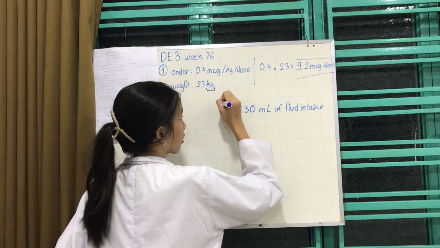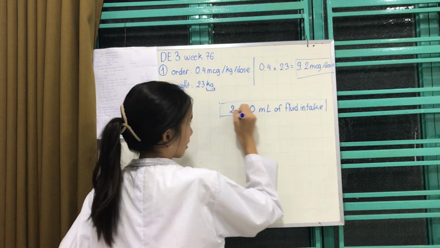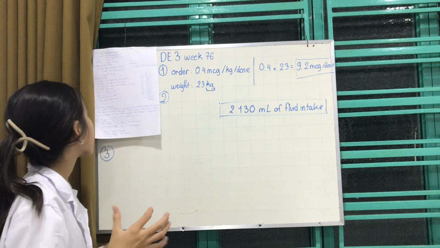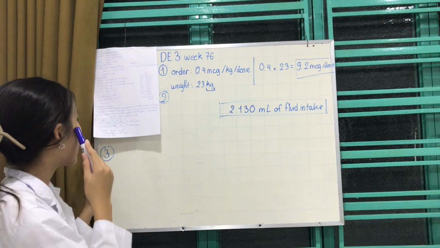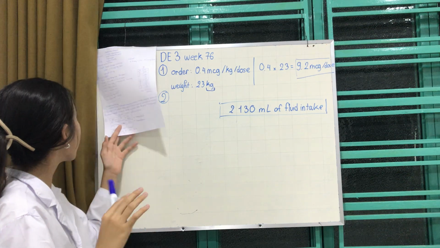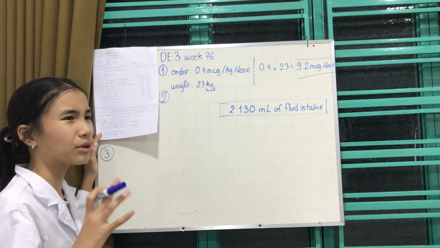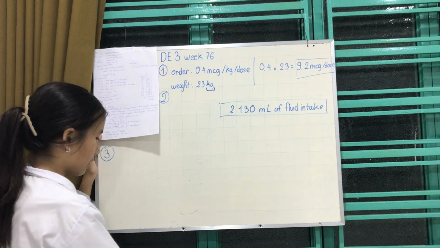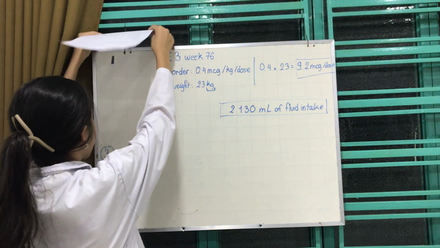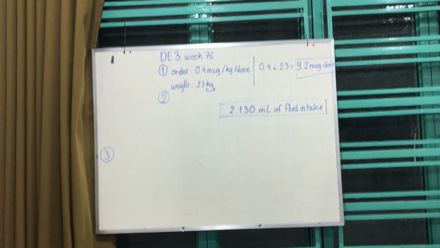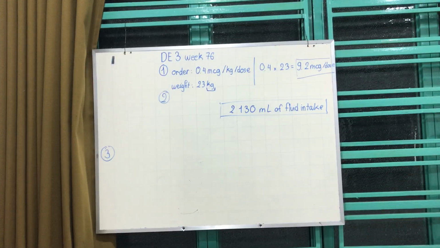So that is the total amount of intake that my patient took in for one day. And yeah, that is the fluid intake. For the output monitoring, a patient had TURP, which is a procedure for when he or she has problems with his or her bladder.